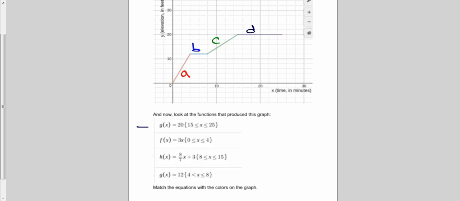I want you to label those sections, and then I want you to look at these 4 functions. I want to do this in black. I want you to match the equations with A, B, C, or D. The thing you need to be mindful of when you do this is the letter that I'm using for each one of those.